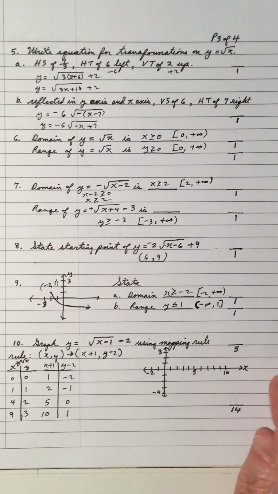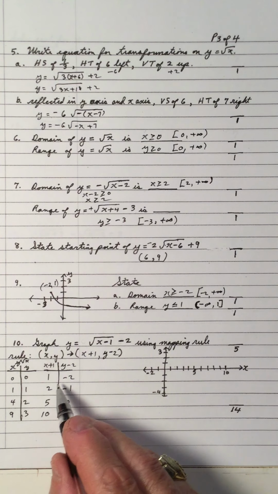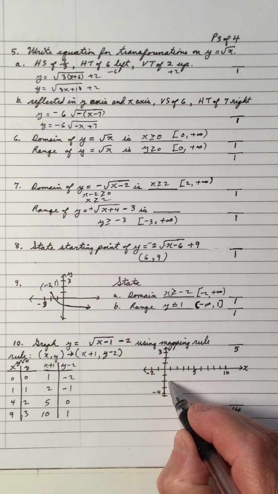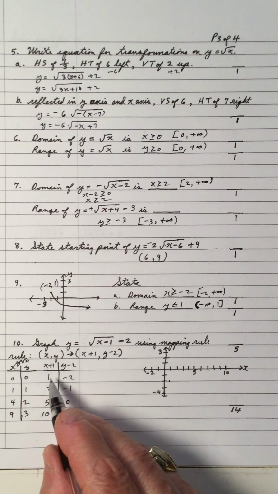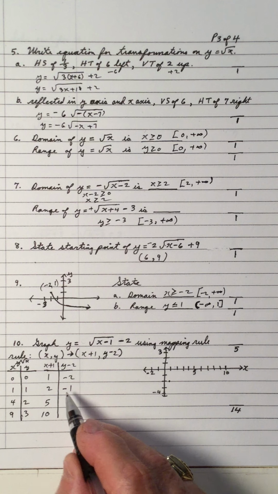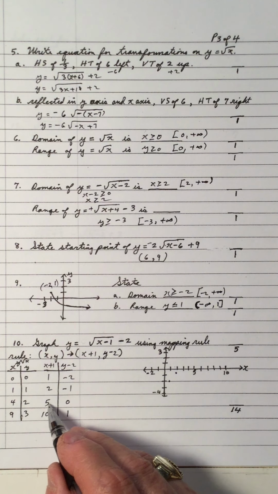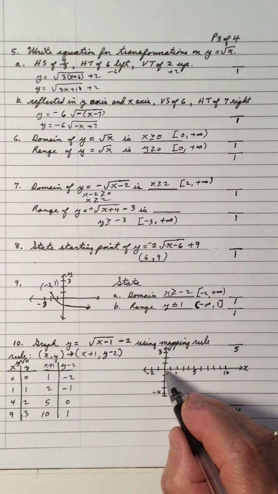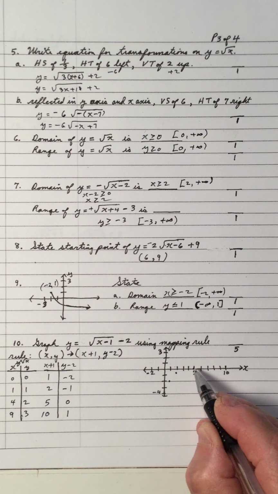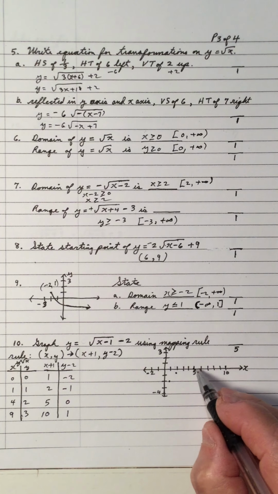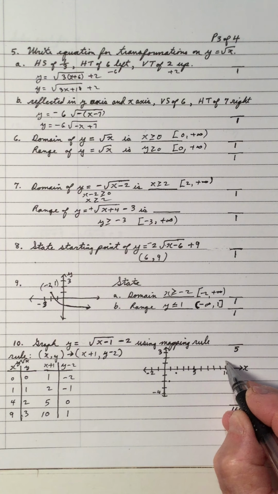And so let's graph. The graph is 1, negative 2. X is 1, y is negative 2. X is 2, y is negative 1. X is 5, y is 0. And x is 10, y is 1.